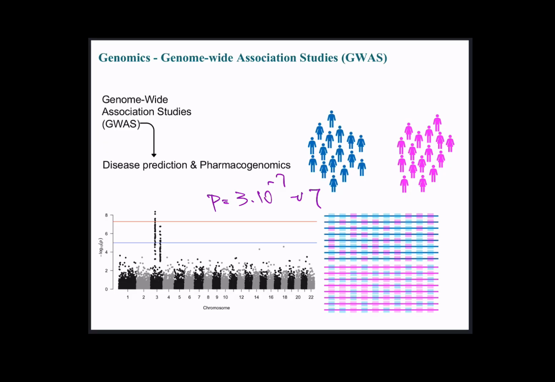And another point that I wanted to make is I presented this case in a very rosy way, right? Like you do the GWAS and you find two candidate loci within one chromosome. The reality of GWASs, when you actually start looking at many of these Manhattan plots, looks a little more like this.